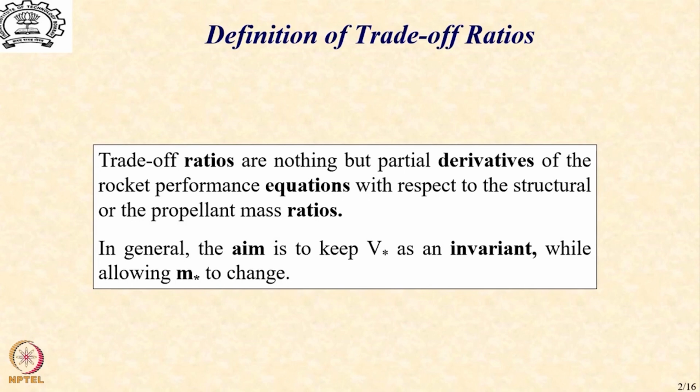So, at least to understand the idea, we use the basic constraint that V star is an invariant which represents the spacecraft mission which is to be performed, while we want to look at the implication of changes in the stage to the change in the mission payload mass or payload mass fraction pi star.